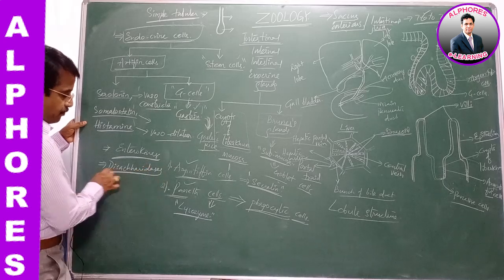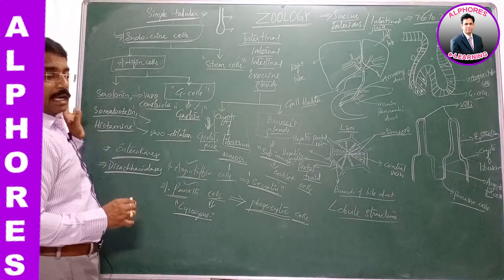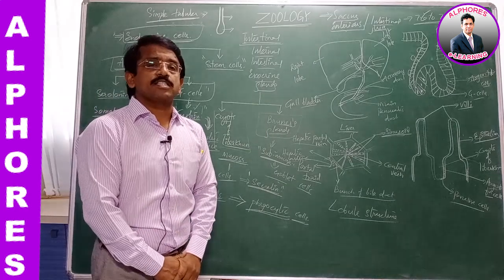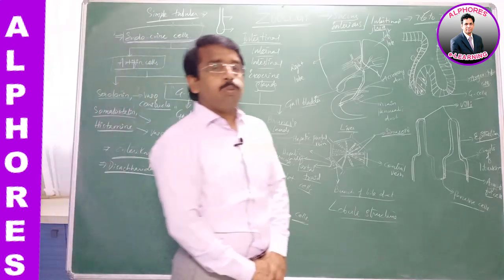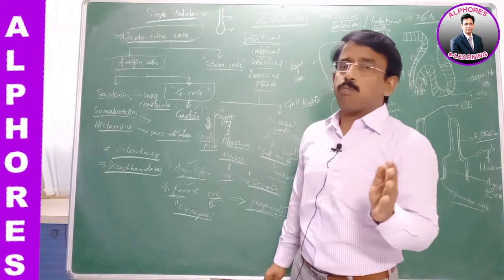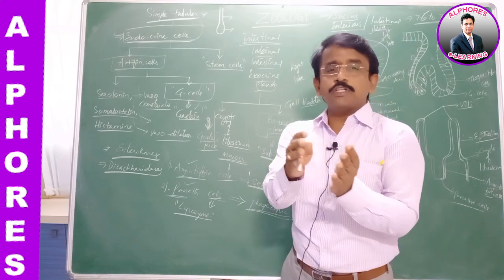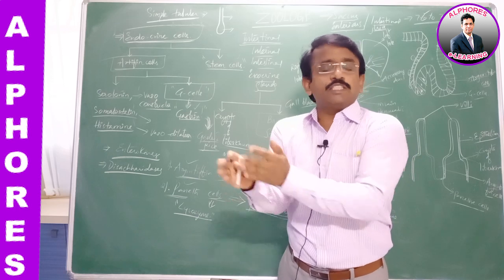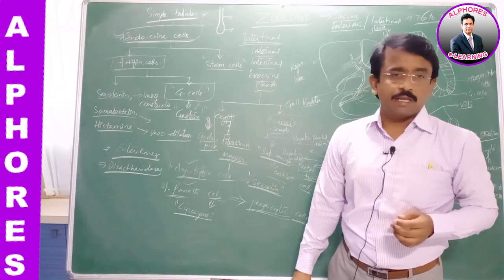Then disaccharidases. Generally, carbohydrates or starch are polysaccharides, which are converted into disaccharides, and disaccharides into monosaccharides.